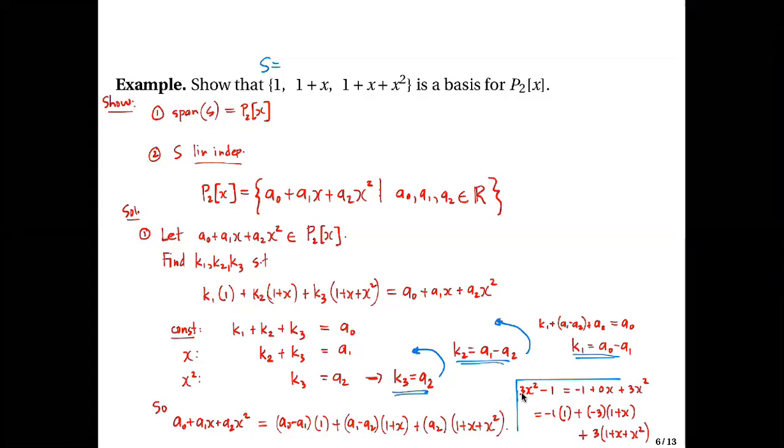So this polynomial 3x squared minus 1 can be written as a linear combination of 1, 1 plus x, 1 plus x squared. And these are all the combination. Sorry, negative 1 times 1 plus negative 3 times 1 plus x plus 3 times 1 plus x squared. Okay?